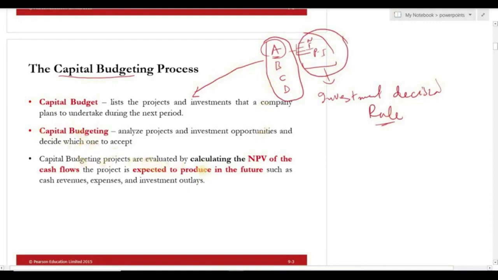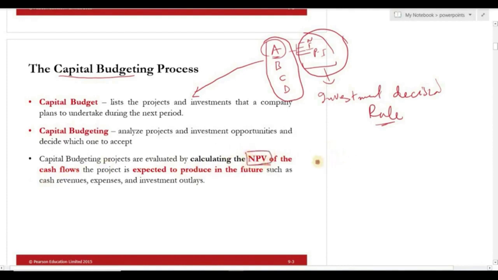Capital budgeting projects are evaluated by calculating NPV. As we discussed in the last topic, NPV, IRR and all that are investment decision rules. Normally the most widely used approach is NPV, right?